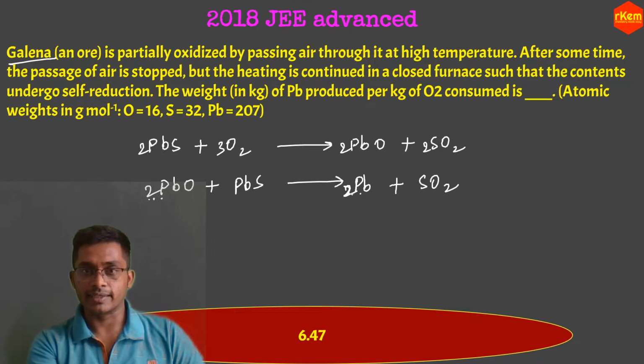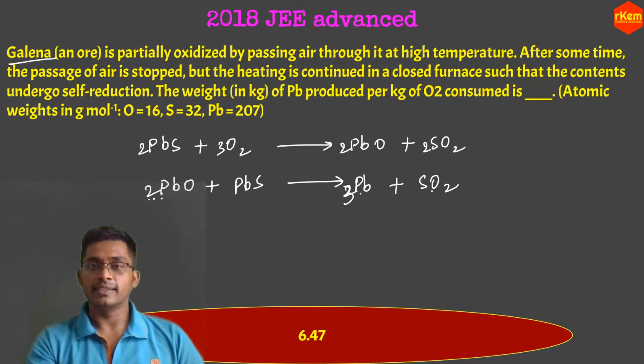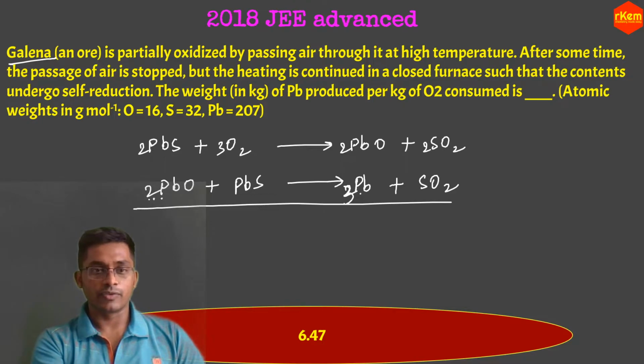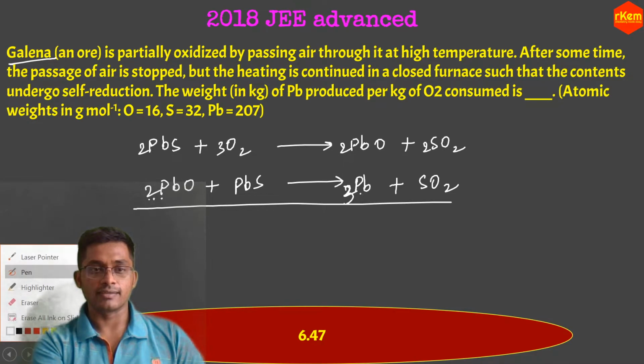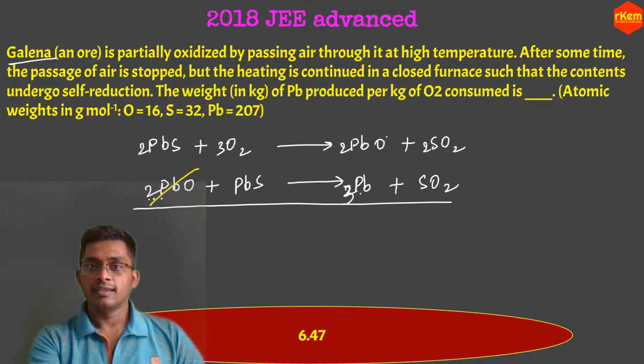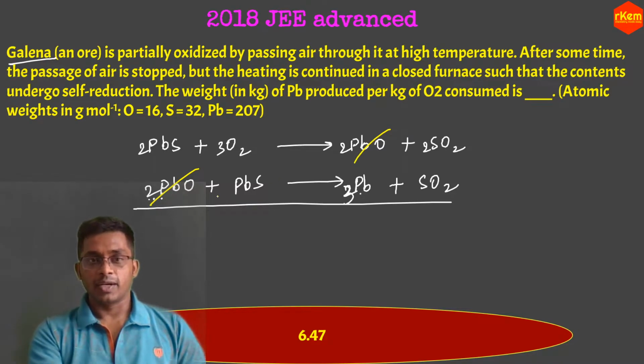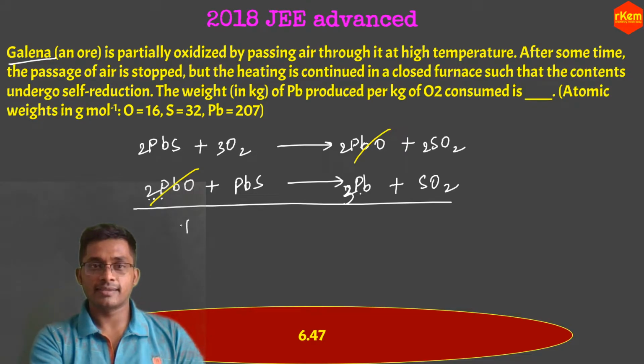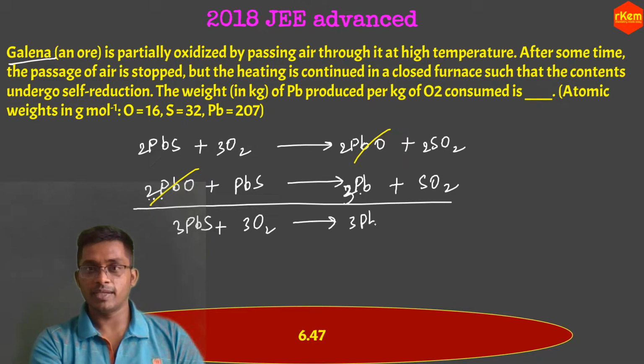PbO, make it 3 and 2 SO2, fine. Balanced, right? Yes. So overall reaction, if you add these two equations, things get cancelled. Now what is left? 3 PbS, 3 O2, 3 Pb plus 3 SO2.